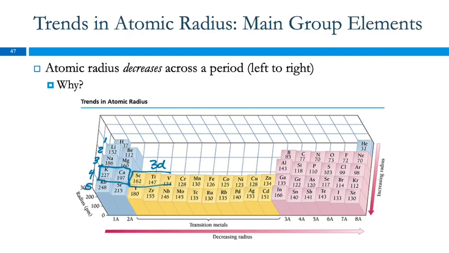But all of those are core electrons. So we add a core electron going from manganese to iron. We're also adding a proton. So the actual charge goes up by 1. But because the number of core electrons goes up by 1, the effective nuclear charge stays the same.